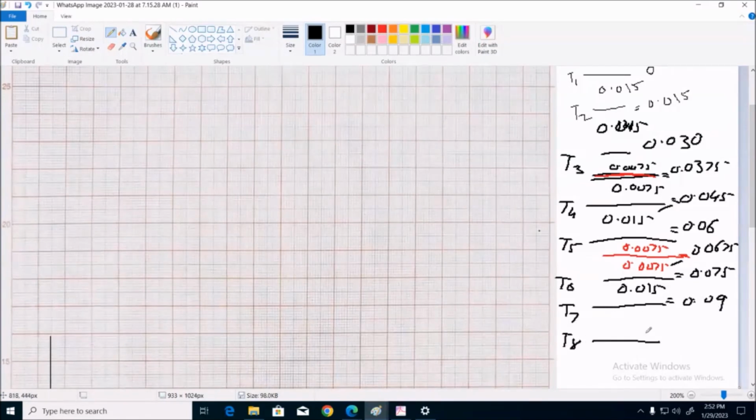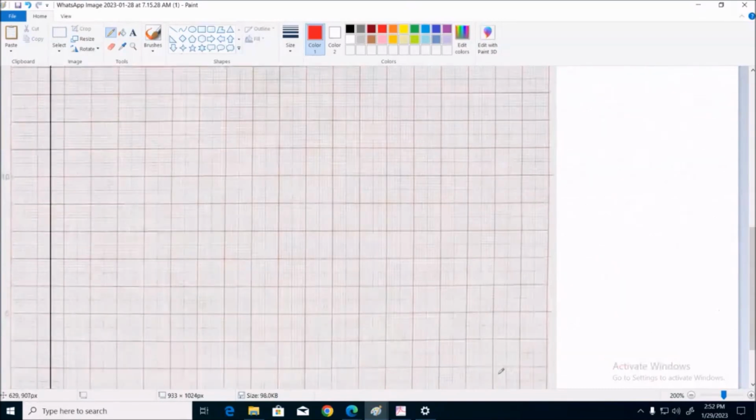Again T8 at the same distance 0.015, so it will become 0.105, and then again 0.0075, your material finishes. So I need to plot these at the different lines.